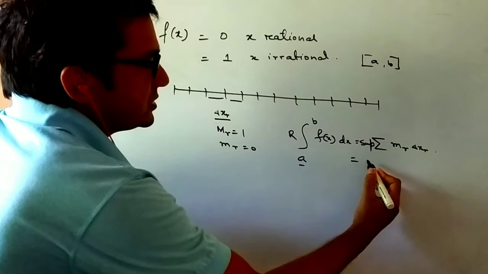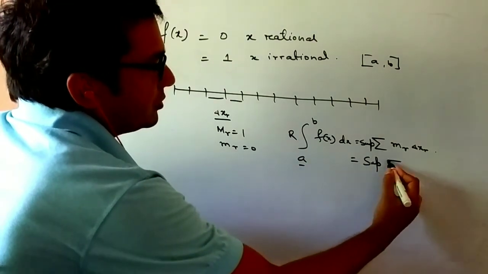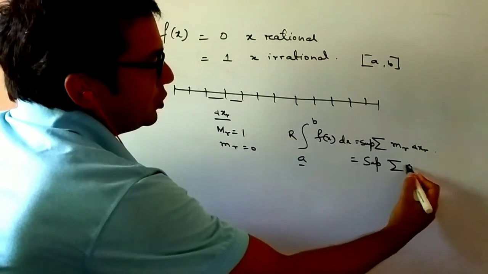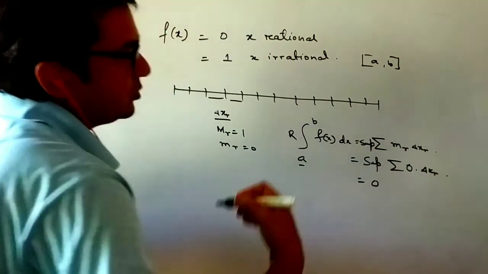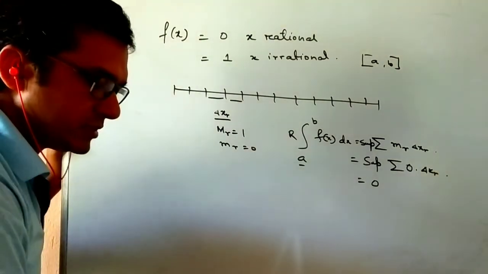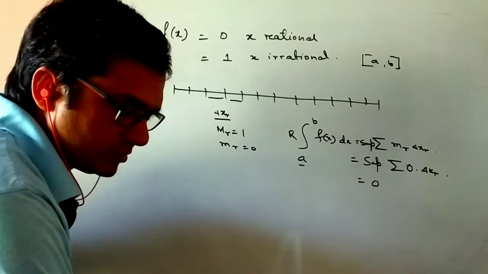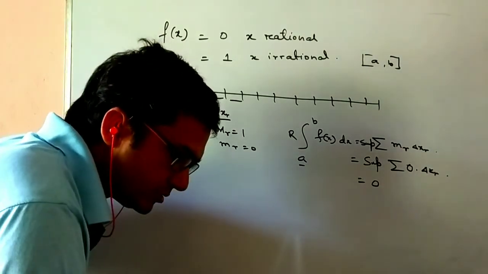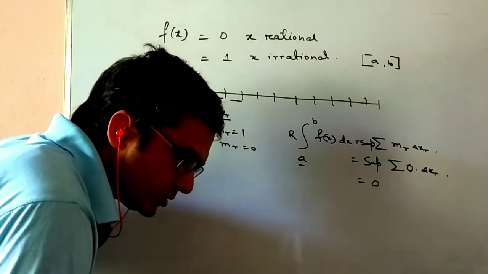Then this is equal to the supremum of the summation of 0 into del xr, that is equal to 0. And this is in our question, option B.